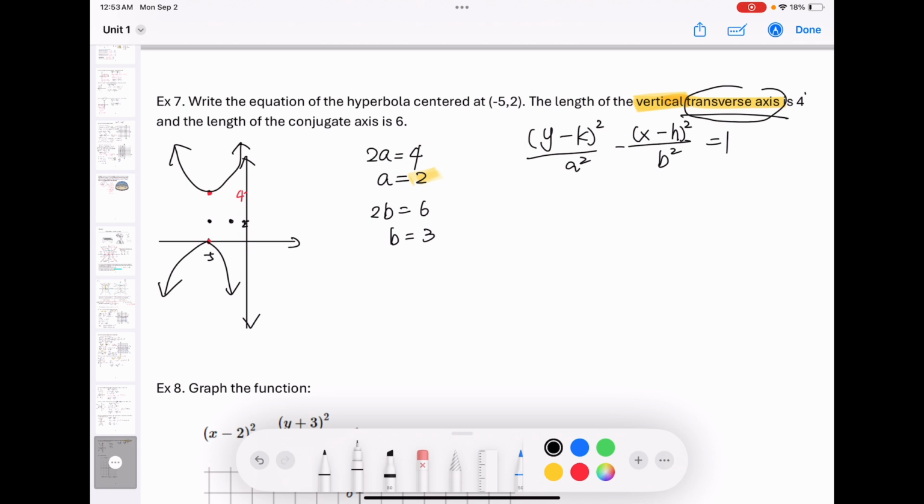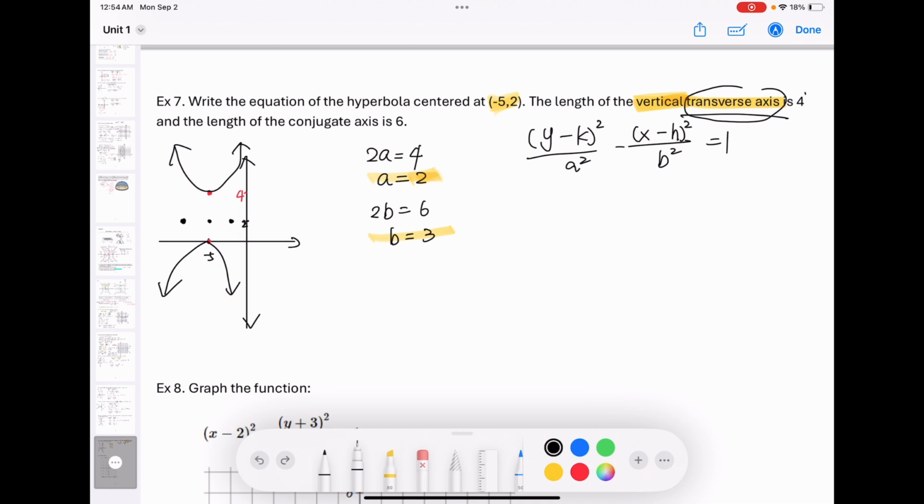So this is B, this is B. Oh, so these are the co-vertices. Do I have to make a sketch and find more information? I don't think so. Because we already have our center and we have the A value and B value, I don't have to find the graph.